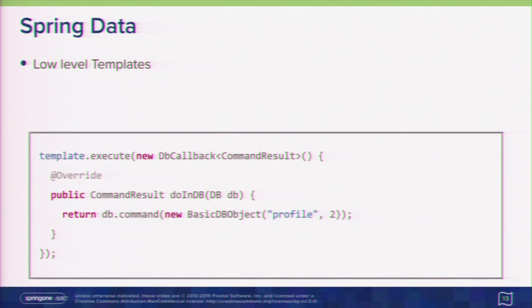So let's have a quick look at how Spring Data actually works. We have several layers of abstraction. The very low layer is the template abstraction, as you may know from the JDBC template or the JMS template or what have you in Spring Framework. So it's pretty easy to find your way around if you have used one of the others already. And this gives you access to the lower level APIs of the specific stores.